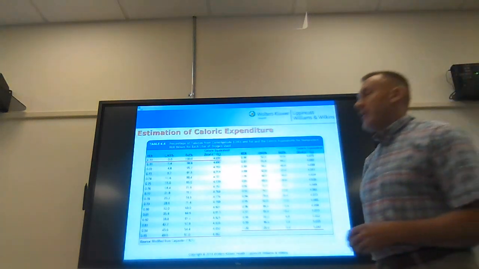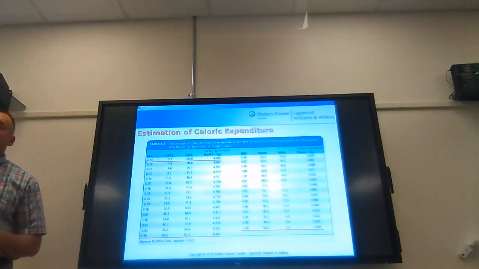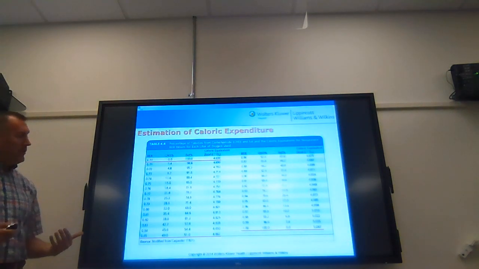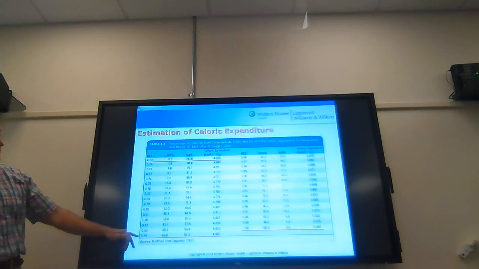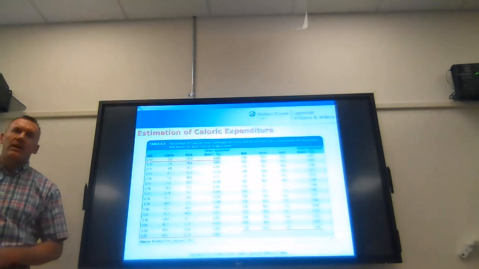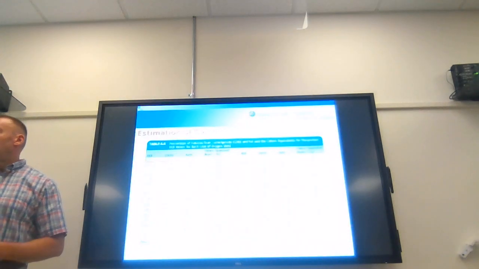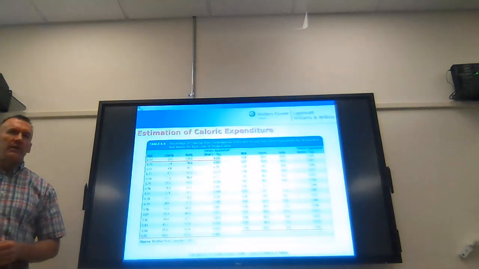So what we find is during the EPOC period that our resting or baseline respiratory exchange ratio tends to drop down to about 0.81 to 0.82. So what does that tell you about fuel utilization during the EPOC period?